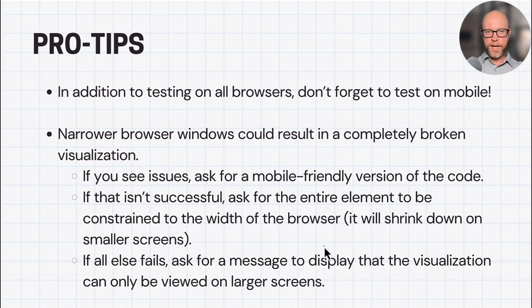But it might be better than having it be completely broken. And if all else fails, you can just tell the LLM to, if it detects a screen that is more narrow than a certain dimension, say you can only view this visualization on a desktop browser, or put some sort of a message. You can figure out how to handle that.